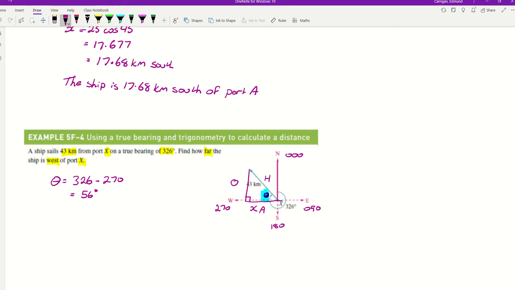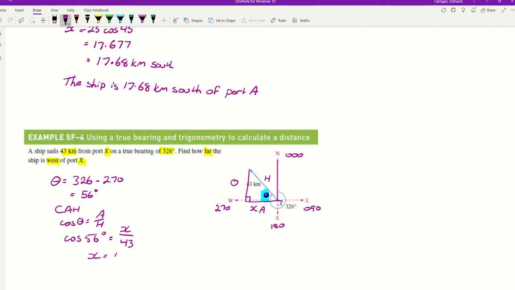So this is very similar to the last one. Once again, we've got CAH, and we've got cos theta equals A on H. Cos 56 degrees is equal to X on 43.